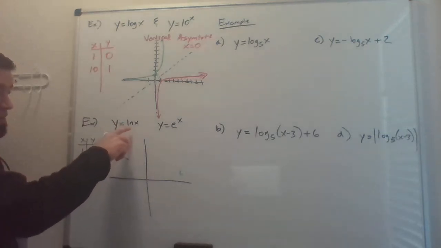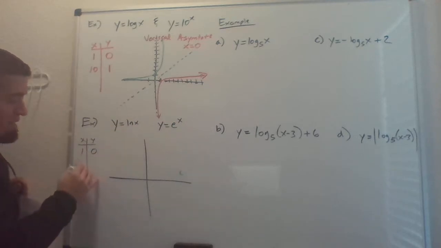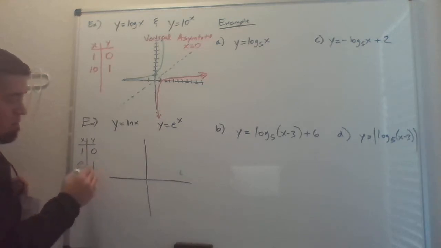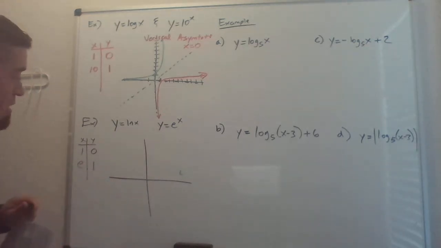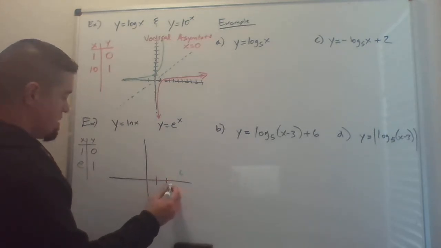Another good number to plug into these is their base. This is a natural log, so the base is e. We're just going to plug in e. Natural log of e, by the definition, e to what power gives me e is going to be 1. Okay, so now I have 2 points: 1, 0 and e, 1.